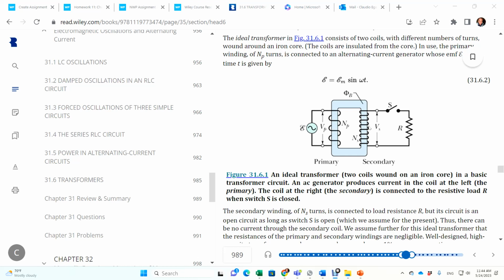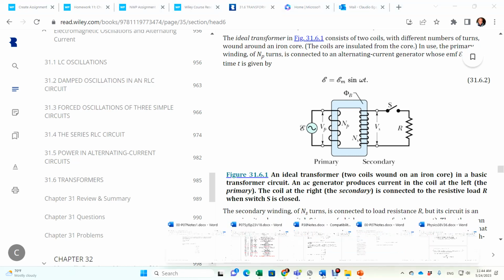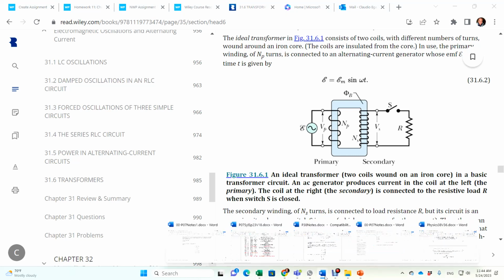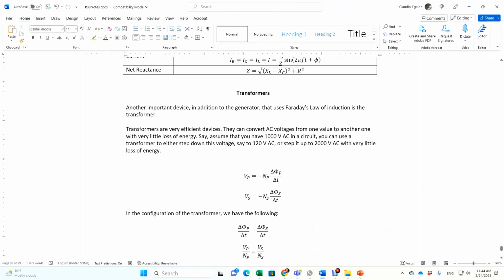Because those two bars have the same diameter and consequently the solenoids here have the same diameter, the magnetic flux in this solenoid is going to be equal to the magnetic flux in this solenoid. Okay, and so let's write that down. That's what I wrote down in my notes.